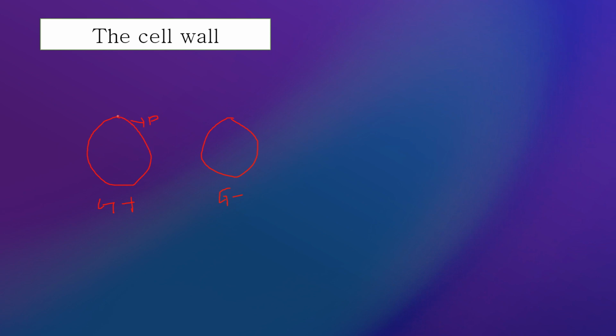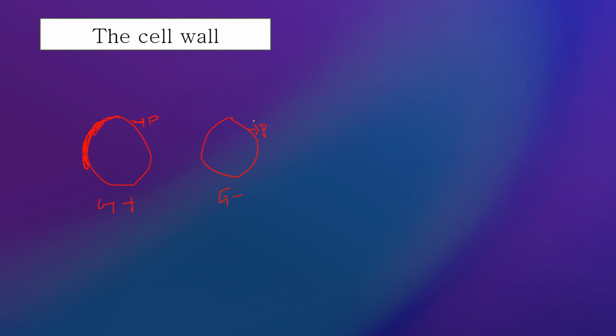And the cell wall is thick in comparison to gram negative bacteria, because of the presence of peptidoglycan in a thick layer.